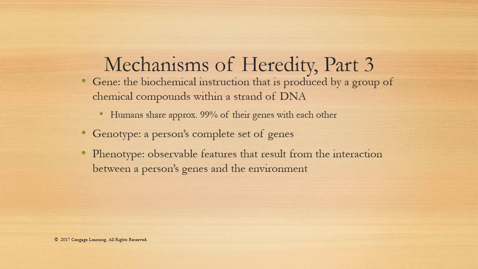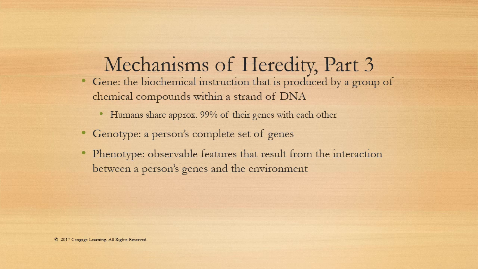Then it's broken down into subgroups of genes: a genotype and a phenotype. A genotype is a person's complete set of genes, the total amount of genes. It's the genetic instruction, and that is all your genes. A phenotype is the observable features that result from the interaction between a person's genes and the environment.